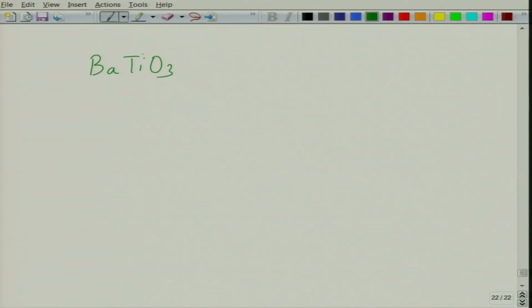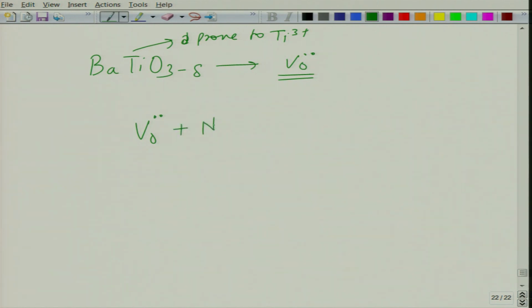Okay. So, for example, as I said, barium titanate, titanium is prone to Ti3+ formation. So, as a result it becomes BaTiO3 minus delta, which means it will have oxygen vacancies in the system. So, if it has oxygen vacancies in the system, then I bring in niobium oxide.